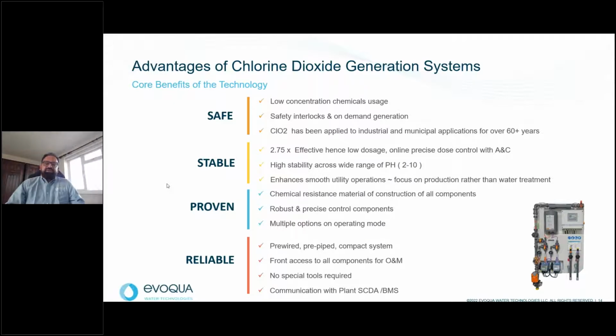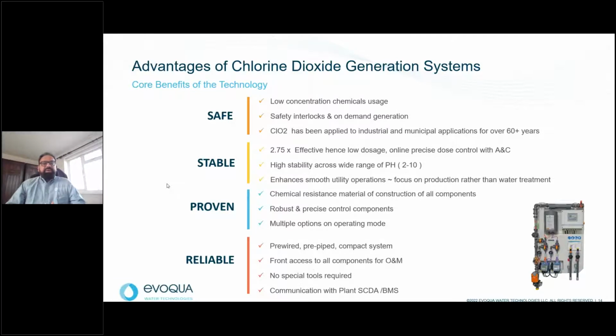The Evoqua generation of the chlorine dioxide skid comes completely pre-piped, pre-wired, assembled, and tested in the factory. That means the time required for installation on site is very, very minimal.